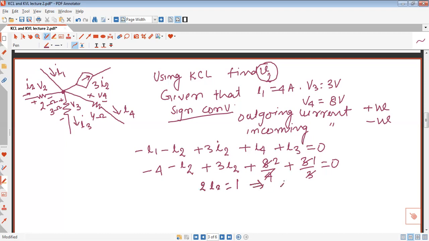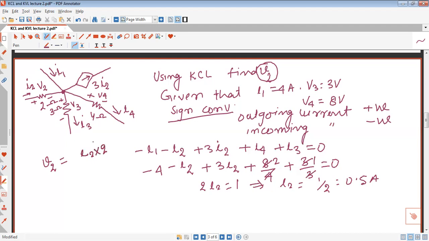This implies that I2 equals 1 by 2 equals 0.5 ampere. So now the current is known, so we can find the value of voltage V2 by using this value of I2. The voltage V2 is now I2 multiplied by 2.